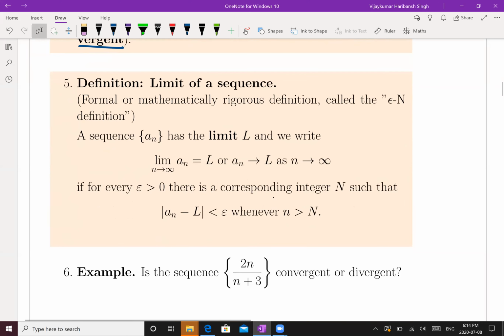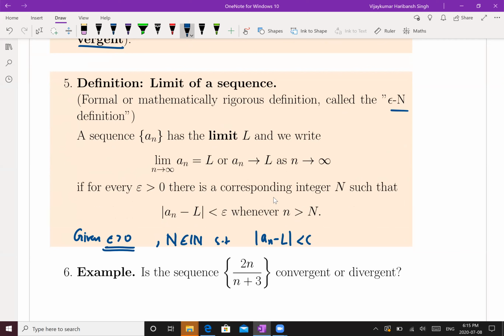So the more rigorous definition is the epsilon-N definition. A sequence a_n converges to L if, for a given epsilon greater than 0, that means you choose how close you want to be to L, you can always find an integer N such that |a_n minus L| is less than epsilon whenever n is greater than N. So you have this epsilon-delta, epsilon-N game.